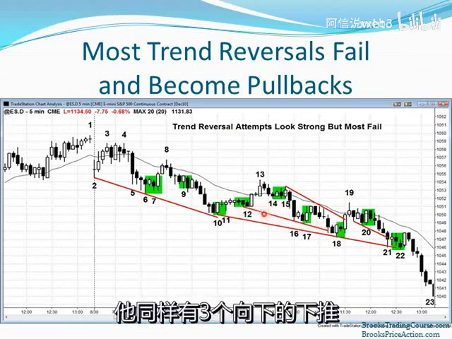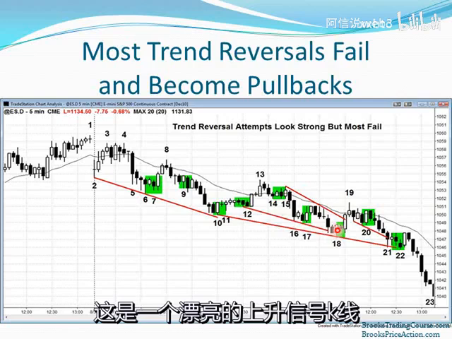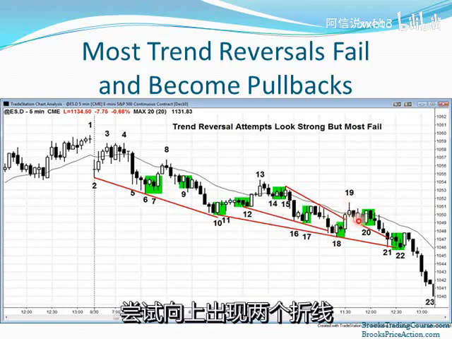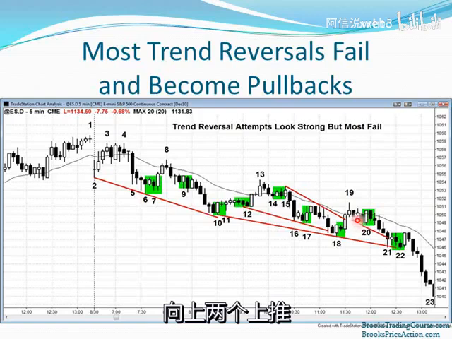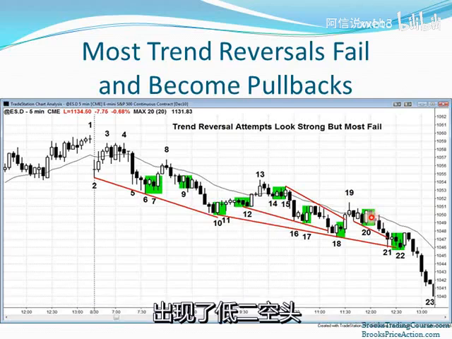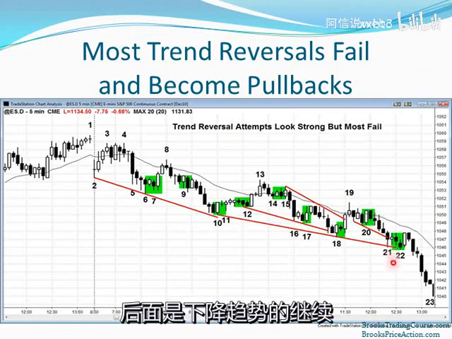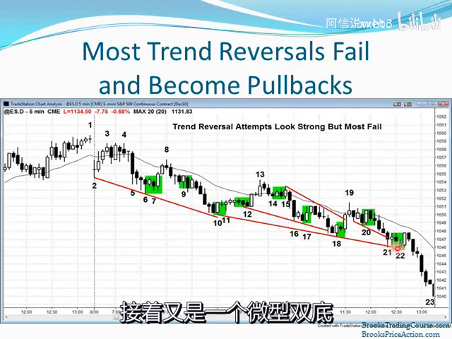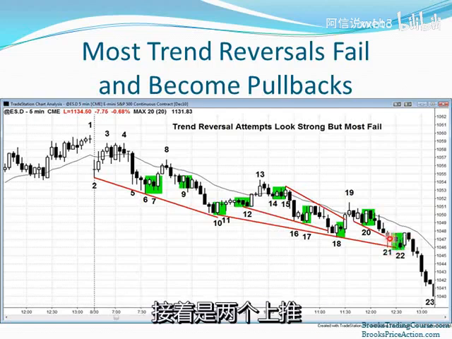Maybe it's a wedge also, 3 pushes down. Good looking bull signal bar, it failed. Tried to make a two-legged pullback, 1, 2, and 2 pushes up, 1, 2, and the market was followed by a bear reversal bar and a low two short, and the trend resumed. Another micro double bottom here, and it became a low two short. 1 push up, 2 pushes up, small double top, it failed.